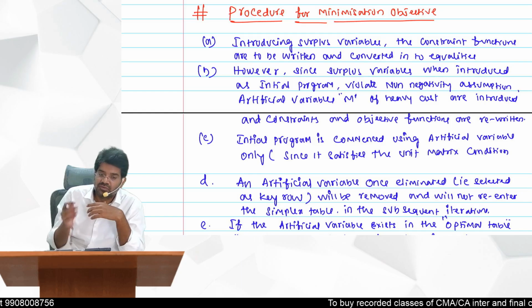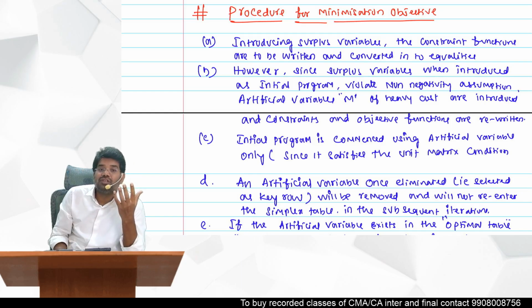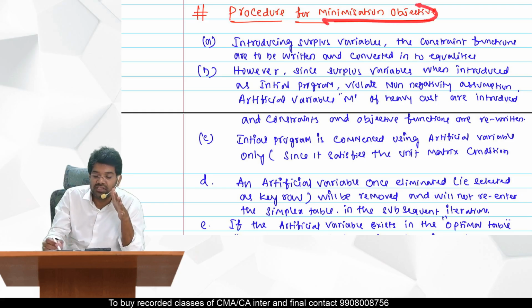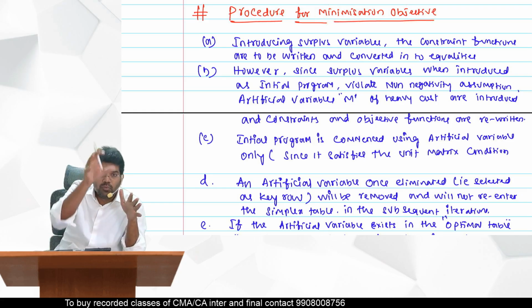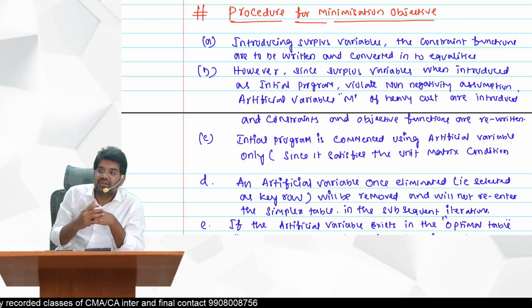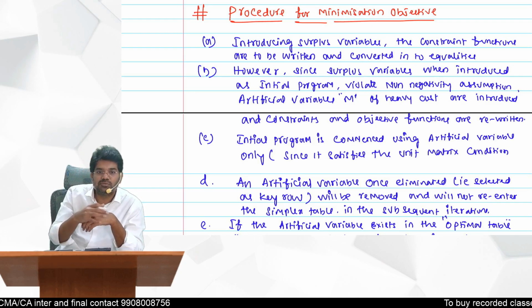So we will have negative values, and you cannot form a unit matrix. That is the reason for program variables, in case of minimization objective, everything is the same, but program variables you should take artificial variables only.